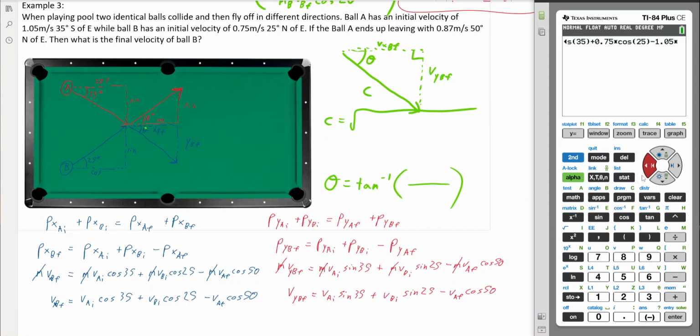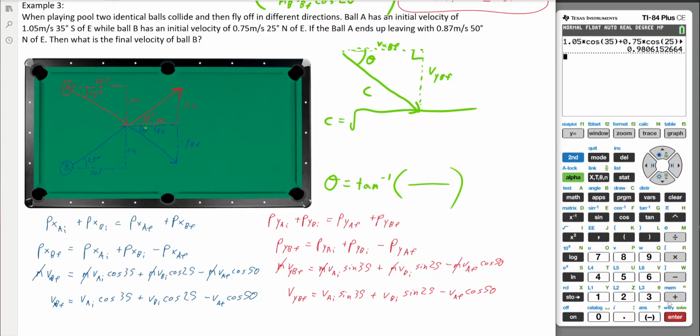So now this is going to be 0.87 times cos 50. So this gets us our B value, VXBF, which is 0.98. We're going to keep the sig digs, so we're going to worry about the sig digs a little bit later.